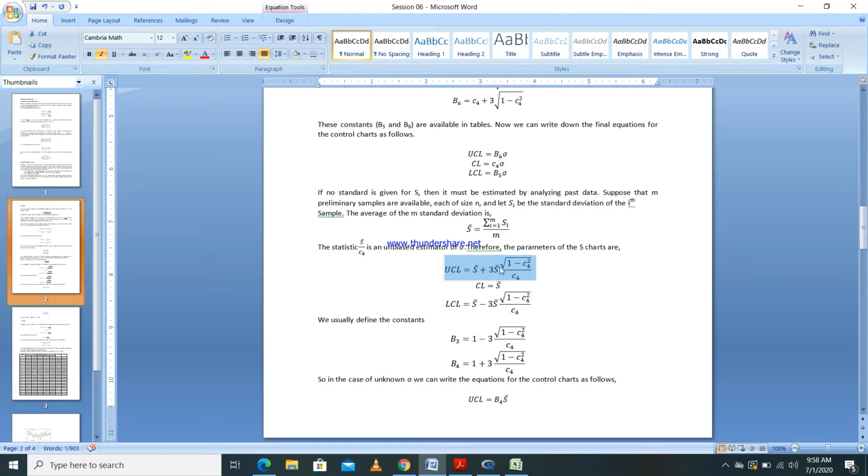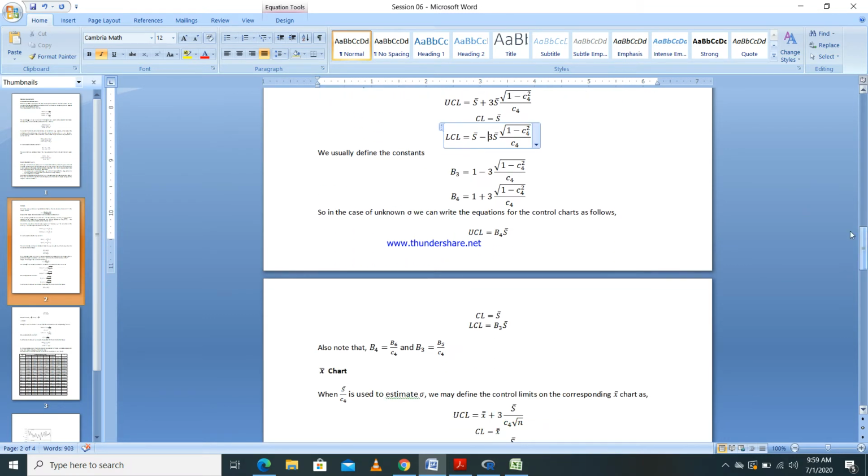You can see in both equations you have S bar as a common factor. If you take S bar out, the lower limit has 1 minus 3 times the square root of 1 minus C4 squared over C4, and the upper limit has 1 plus 3 times the square root of 1 minus C4 squared over C4. So these two factors we can name B3 and B4. Right? So if you rewrite the equations, we have the upper control limit.